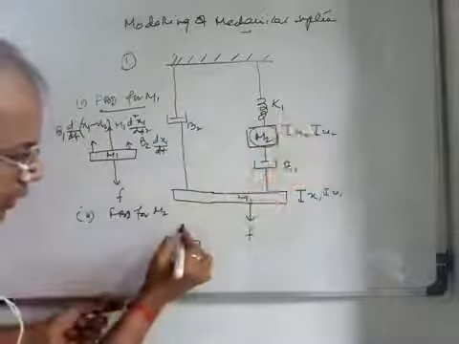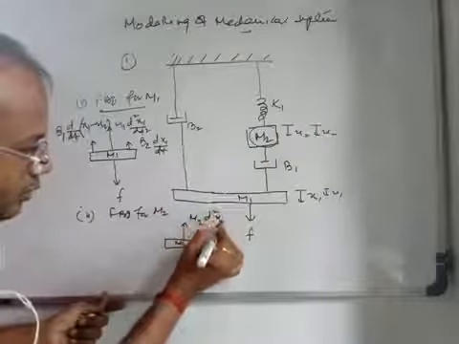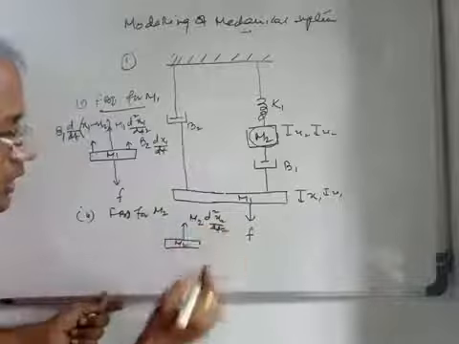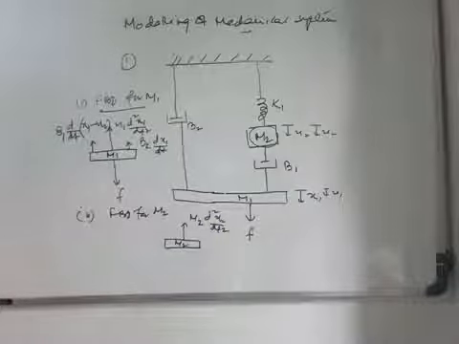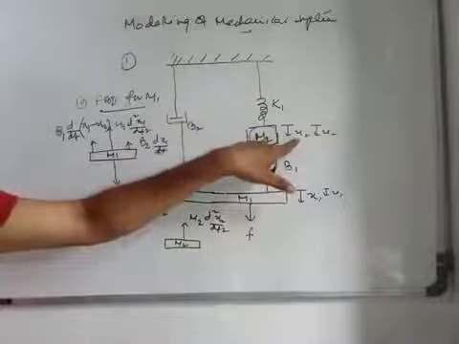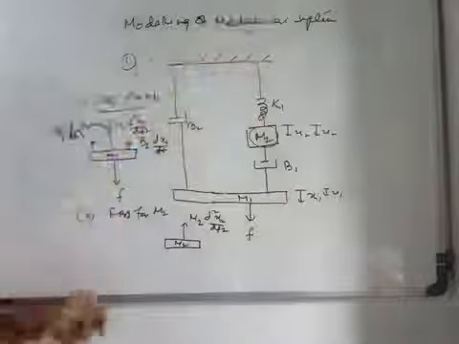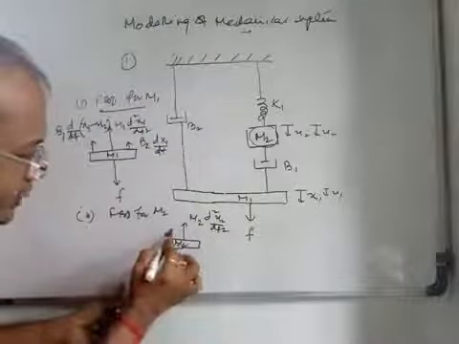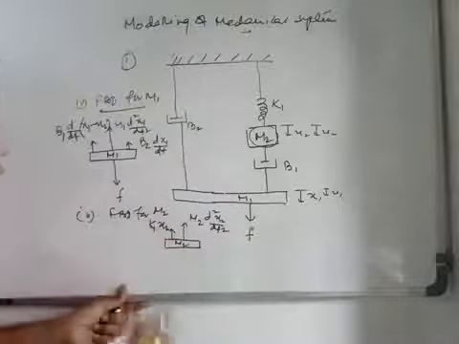That means the opposing inertial force m2 d2x2/dt2 will be working in the upward direction, right? And you see this is displaced by x2, so the spring force will be opposite to that. So here you will get the spring force. What is that? K1 into x2.